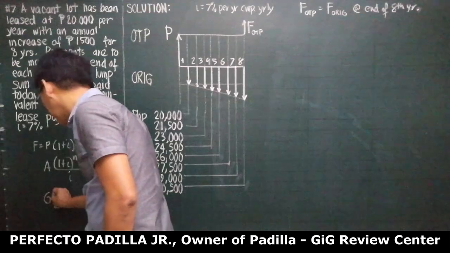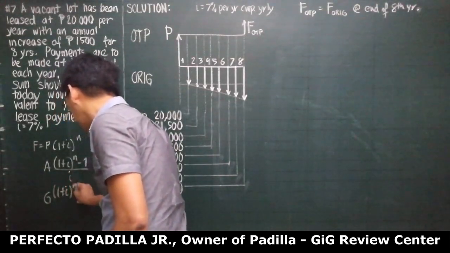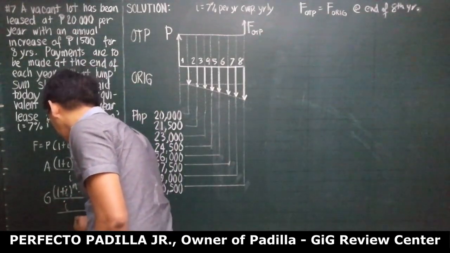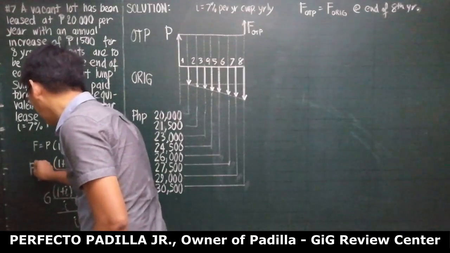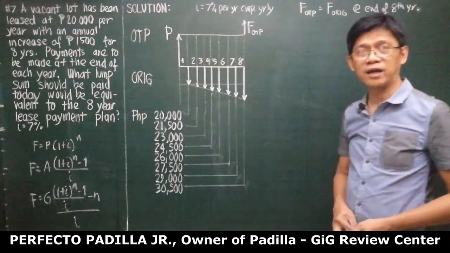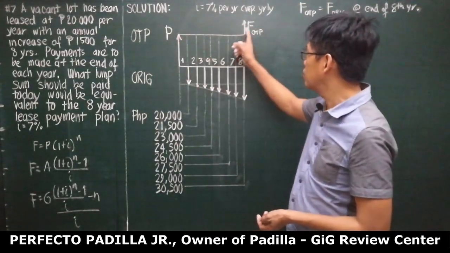Kapag ka G naman, kopyahin lang to, ((1 plus i) raised to n minus 1) over i, then minus n over i. Ito yung mga formula for future amounts. Kuha? Okay?